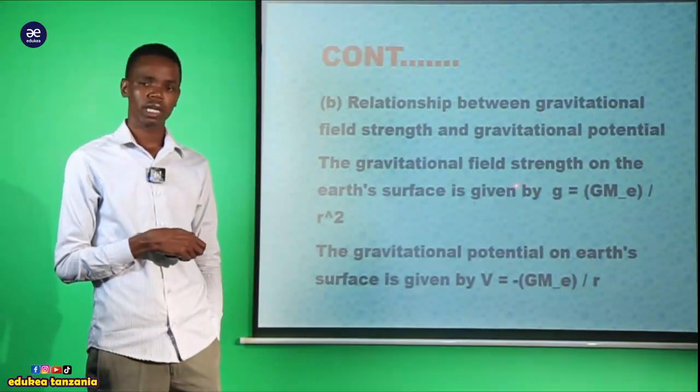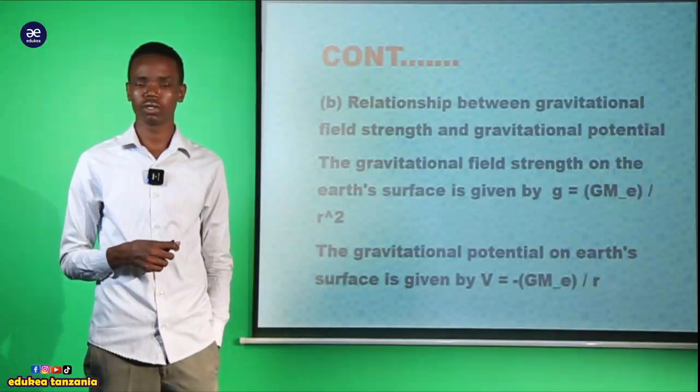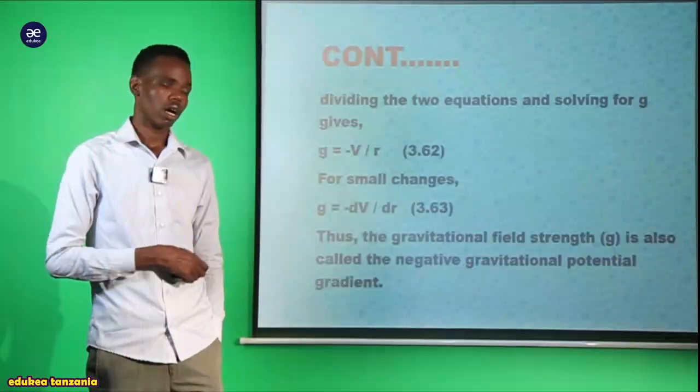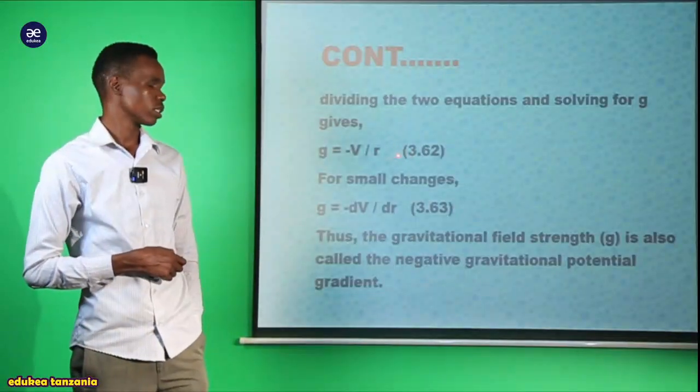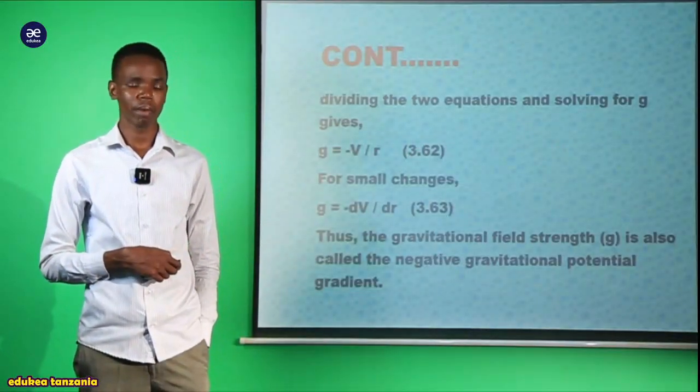The V is cancelled on the left side and shifted to the right side. Finally, we obtain the gravitational field strength equal to negative V divided by R.